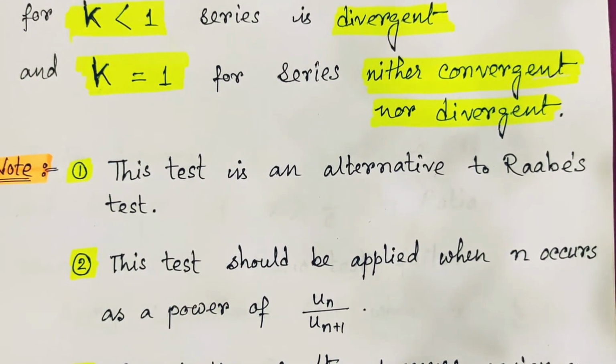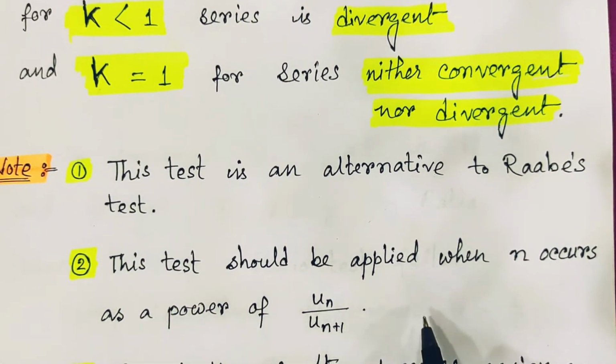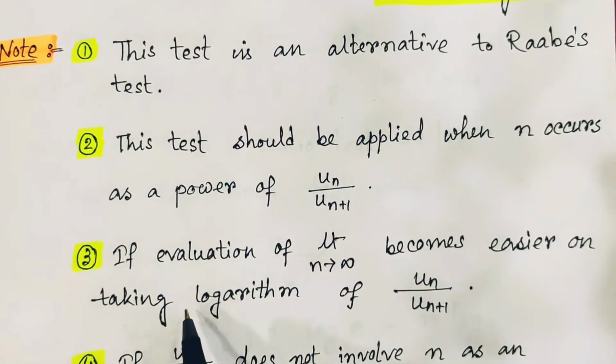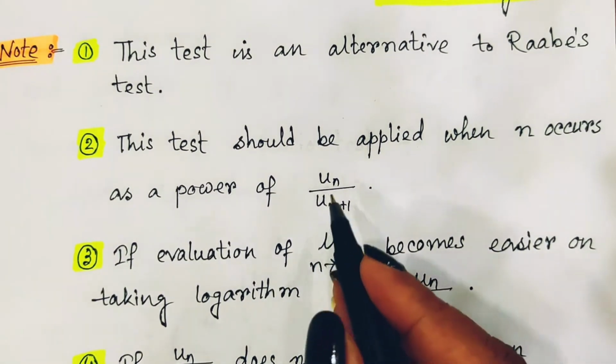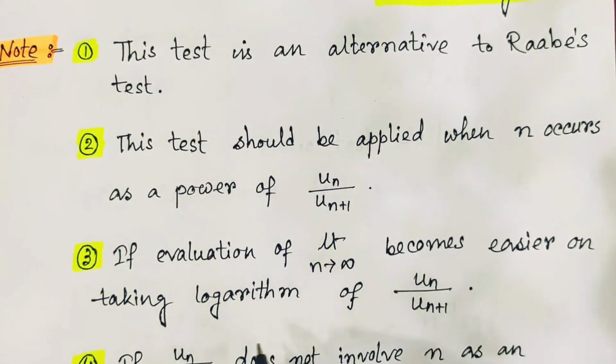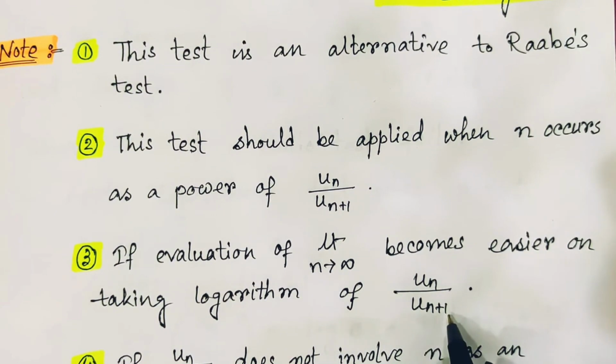So when should we apply the logarithmic test? It should be applied when n occurs as a power in un divided by un plus 1, and evaluation of the limit of un divided by un plus 1 becomes easier on taking the logarithm of this function.